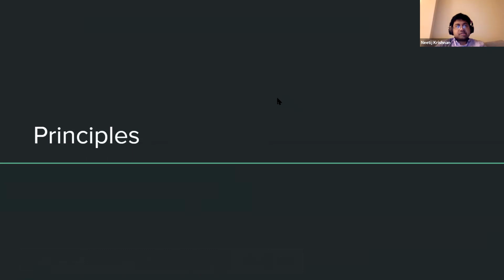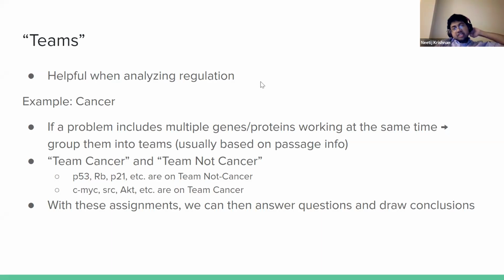Okay, principles. This is actually a really useful principle that I found when they're talking about multiple genes or proteins working at the same time, different regulation pathways, or stuff like that.